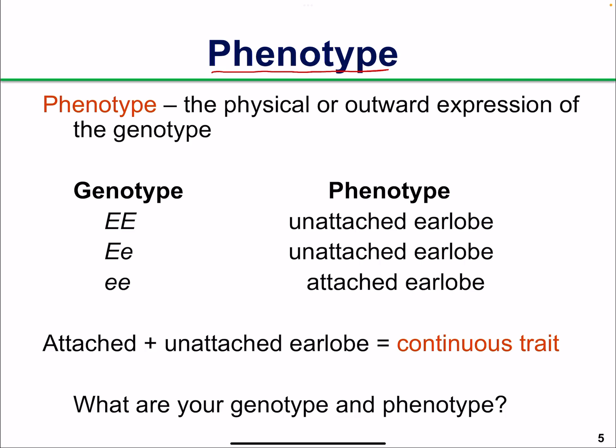Now, for simplicity, for a long time, right, we've been teaching that an individual with unattached earlobe can be homozygous dominant or heterozygous, because unattached is dominant over attached.